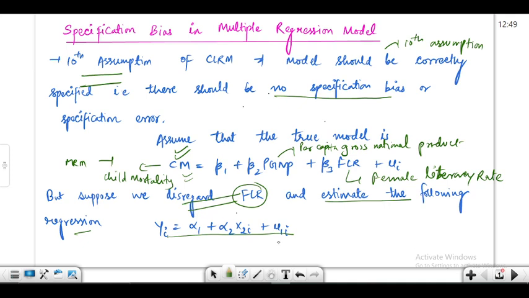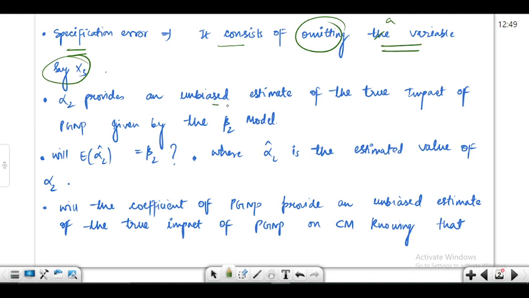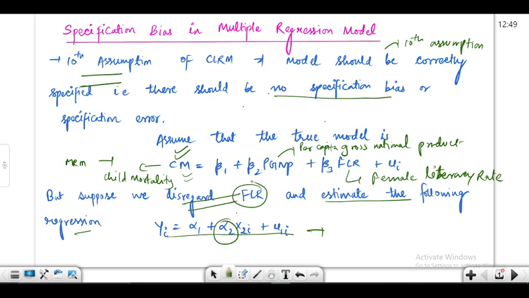Instead of using the true model, we are using this model to regress child mortality on PGNP, because we have not included FLR here. So alpha 2 is giving an unbiased estimate of the true impact of PGNP. In the real model, beta 2 was trying to capture the impact of PGNP on child mortality. In this model, that is being done by the alpha 2 coefficient.